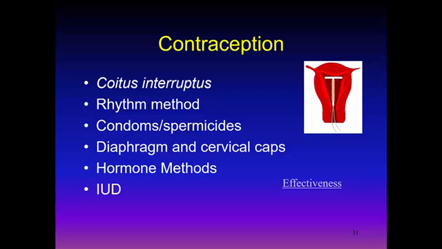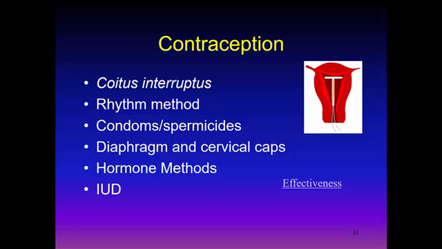There are both male and female condoms available, although male condoms are more common. They do have lambskin condoms if you're allergic to latex, but they do not protect against sexually transmitted infections because they are somewhat porous.